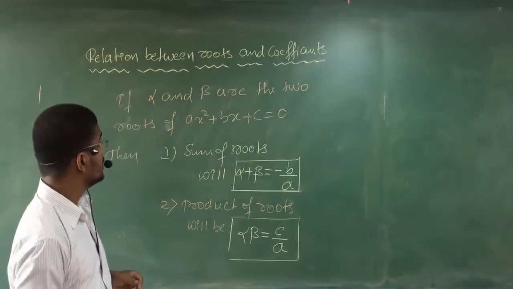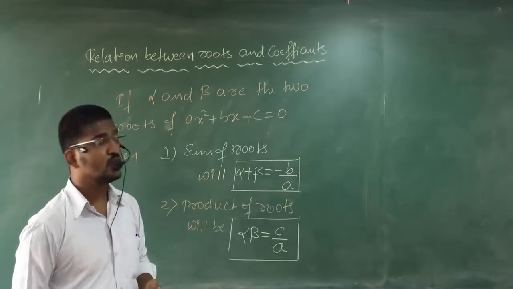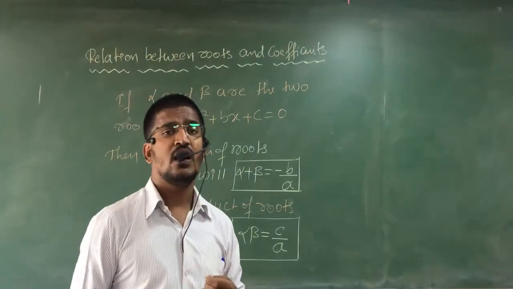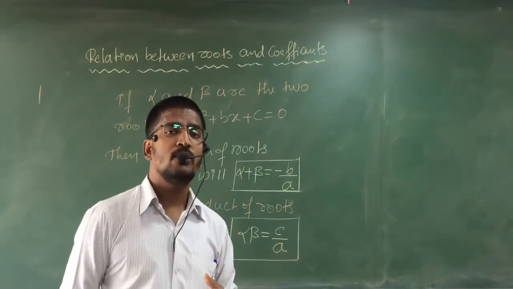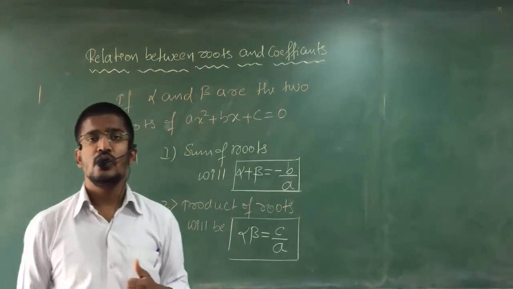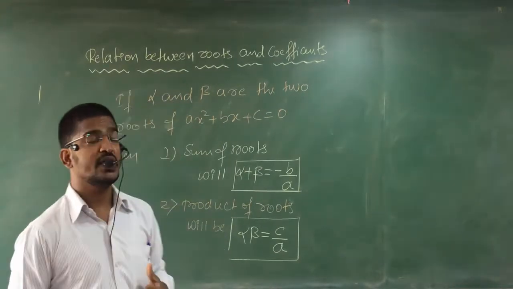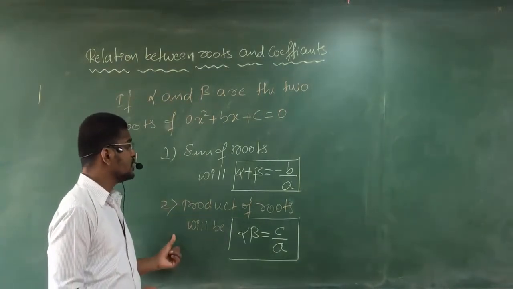So please be perfect that if alpha and beta are the two roots of an algebraic equation, alpha plus beta equal to minus b by a and alpha into beta equal to c by a. These will be the most important things to discuss in this particular chapter.